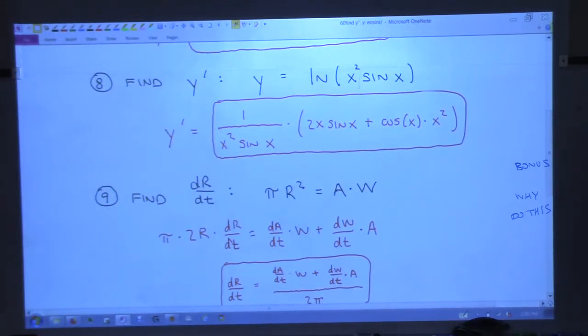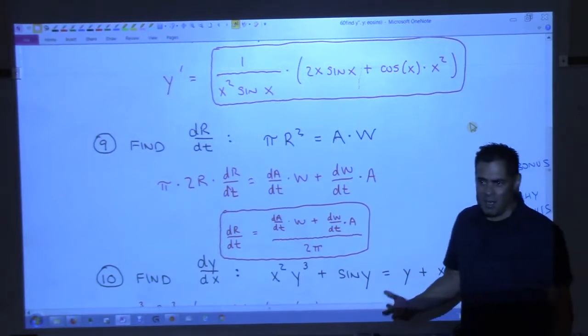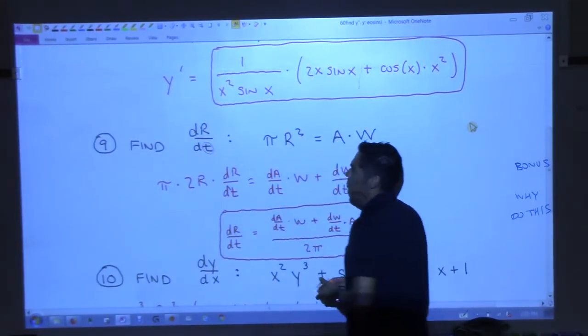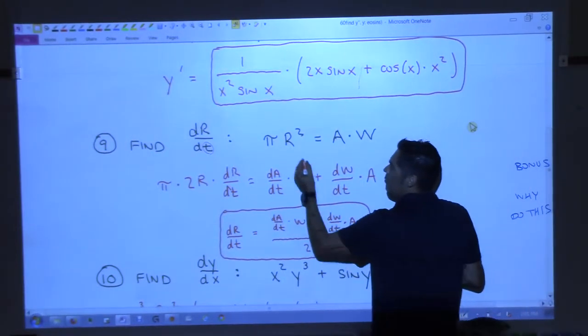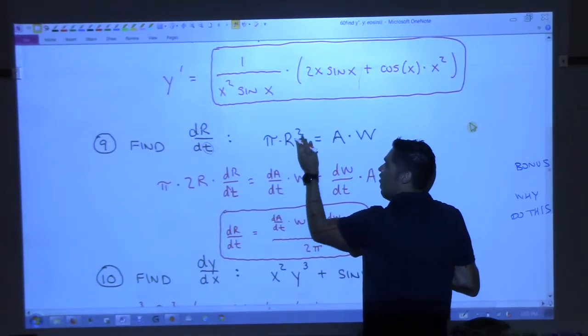All right, number 9. Number 9 has to do with like a related rate problem where you differentiated an equation with respect to time. So we wanted to know what dr/dt is. So we look at this equation and we realize that pi is a constant, right? Pi times r is a variable, right?